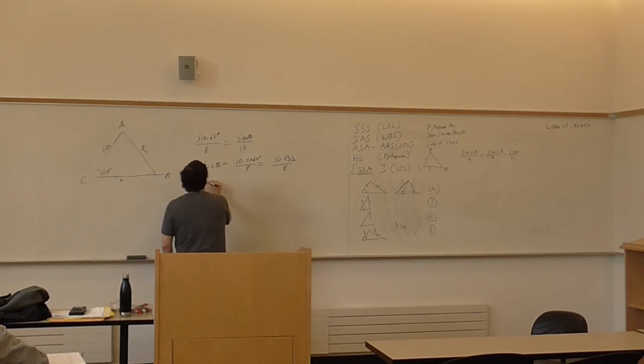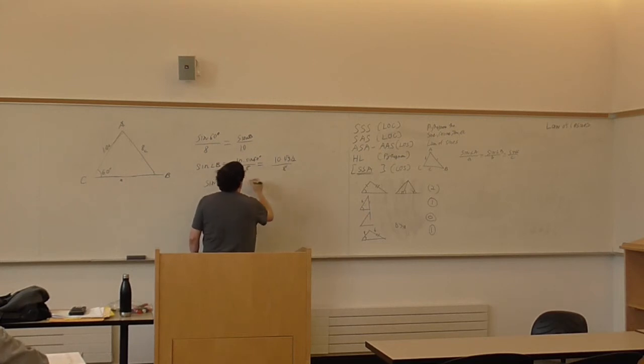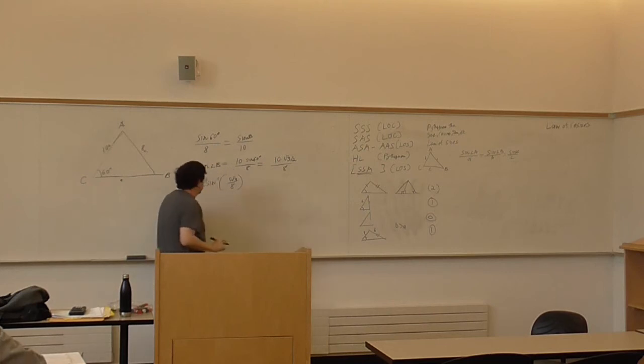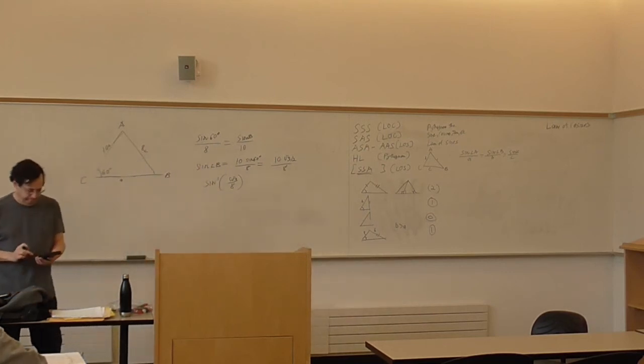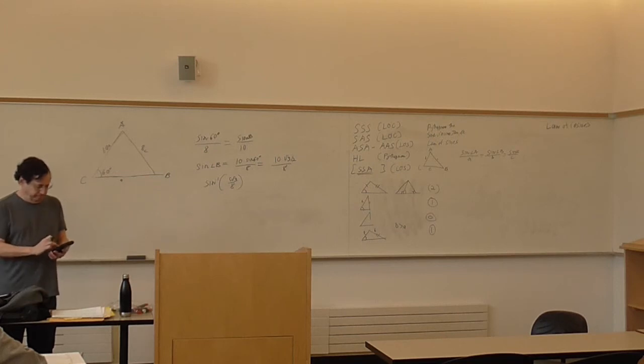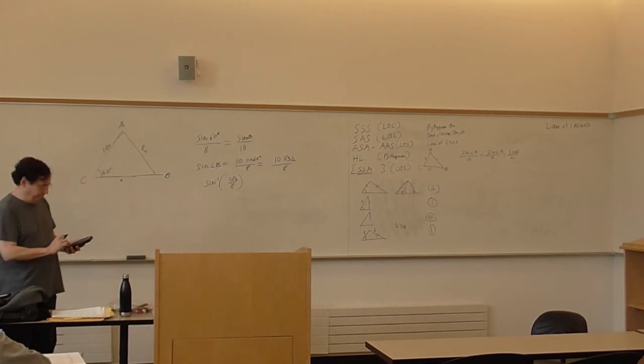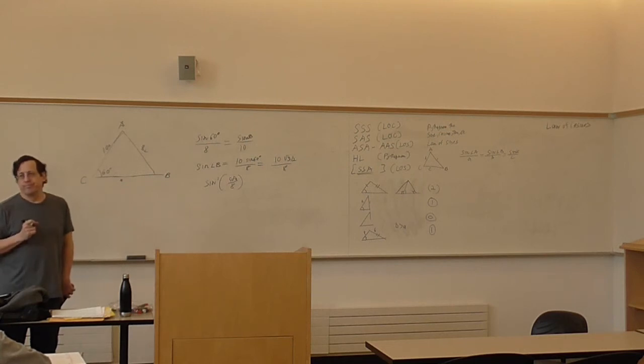Okay. So let's find the inverse sine of, well, that's going to be 5 square root of 3 over 8. All right, let's try that. What happens? Happened again, didn't it?